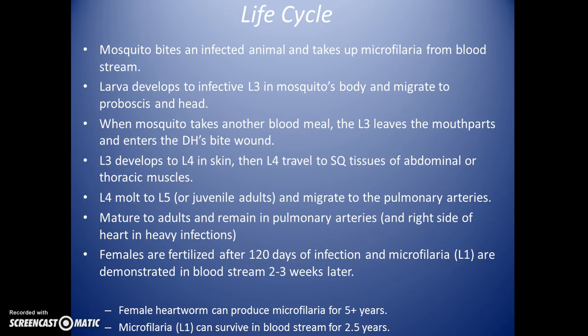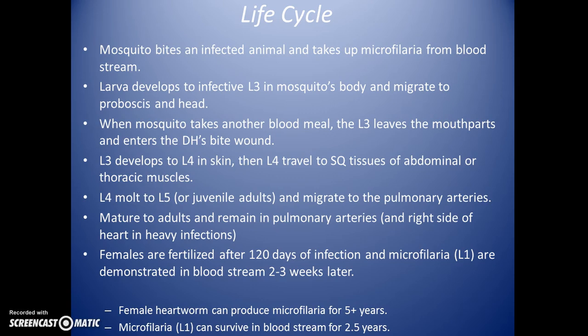Those L4 molt to L5, migrate to the pulmonary arteries, and they mature to adults and remain in the pulmonary arteries, and sometimes they spill over into the right side of the heart in heavy infections. But mostly, these worms like to stay in the pulmonary arteries.